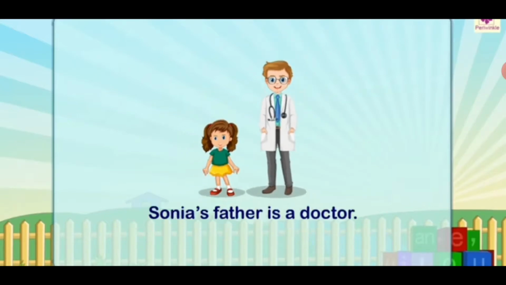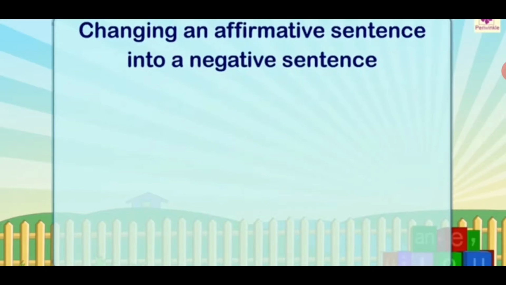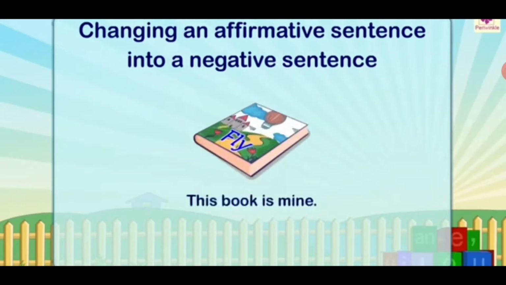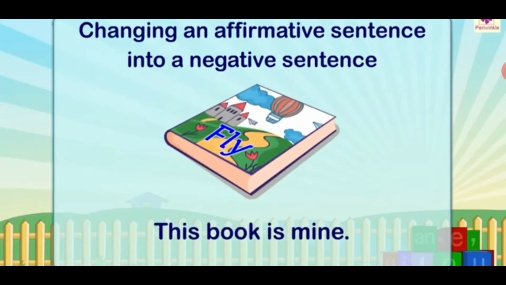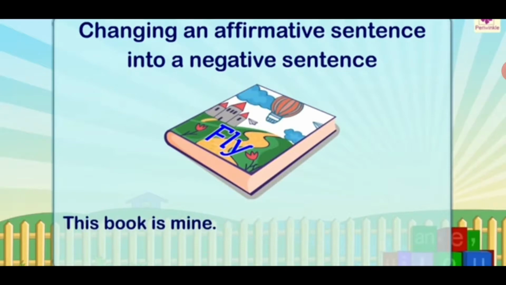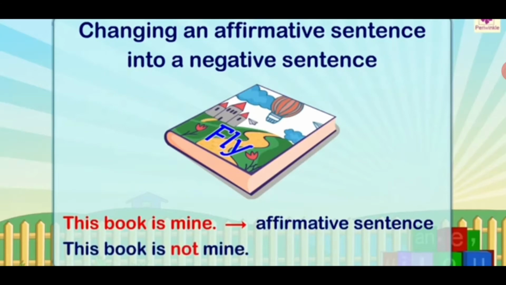Now we will learn how to change an affirmative sentence into a negative sentence. For example, this book is mine. This is an affirmative sentence. On adding not to the above given sentence, we get the new sentence as this book is not mine. This is a negative sentence.